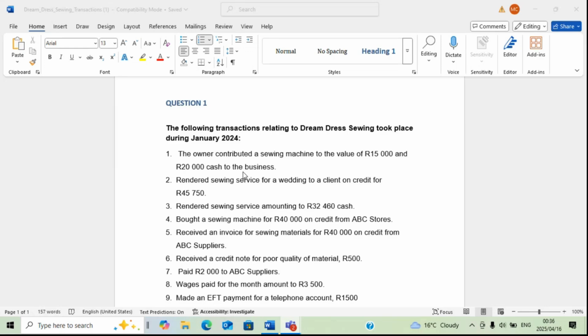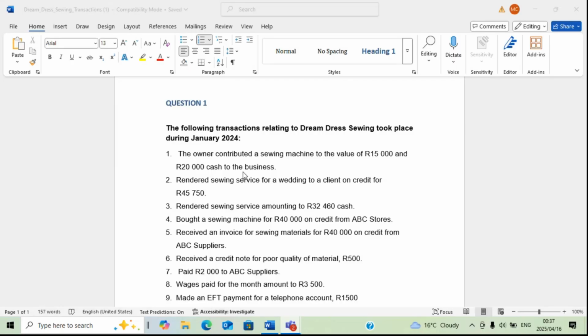So in this transaction, we've got 3 accounts affected. Number 1 is capital, number 2 is machinery, and number 3 is money, which is bank, because cash in accounting we call bank, right?